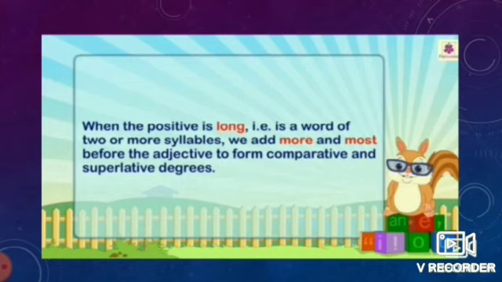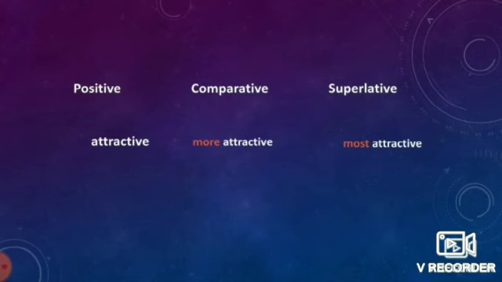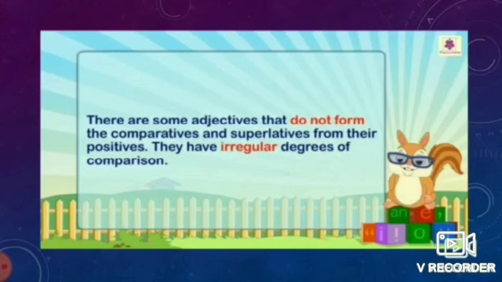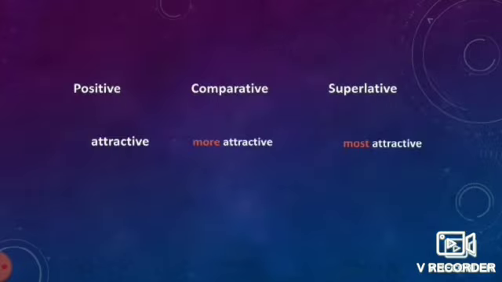When the positive degree is long, that is, a word of 2 or more syllables, we add more and most before the adjective to form comparative and superlative degrees. For example, attractive, more attractive, most attractive. Okay, students?